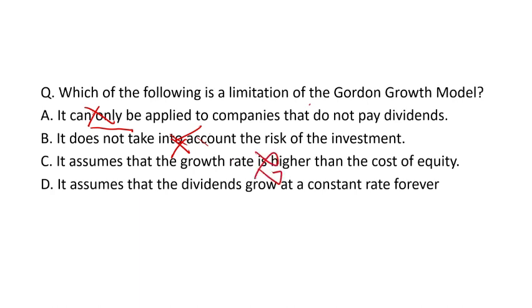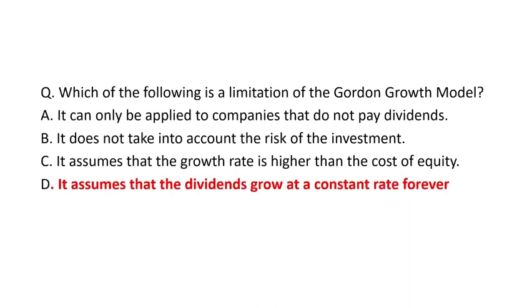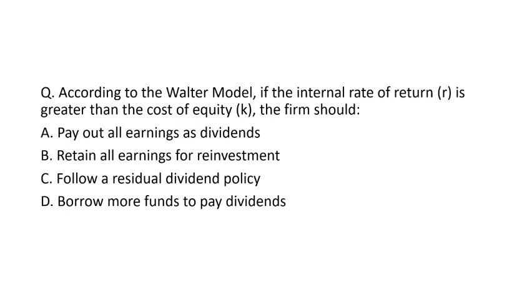This is not a limitation. Now if you check the last option, it assumes that dividends grow at a constant rate forever. Due to this, the biggest limitation of the Gordon model is that it assumes that dividends grow at a constant rate forever. This is the major limitation of the Gordon growth model. So option number D will be the right answer.